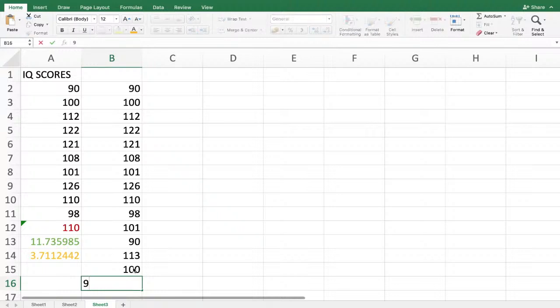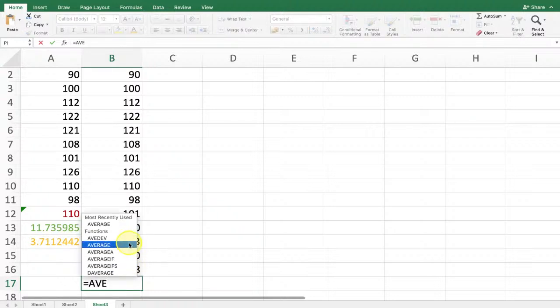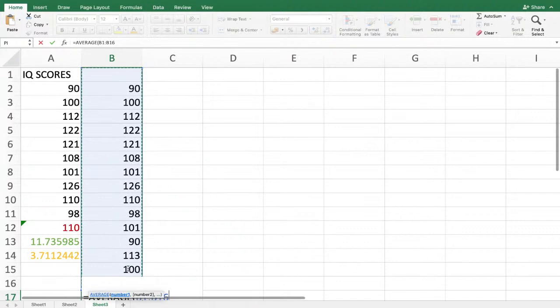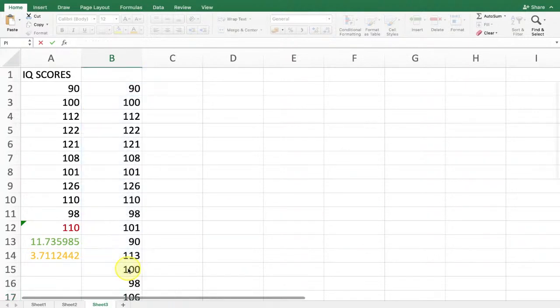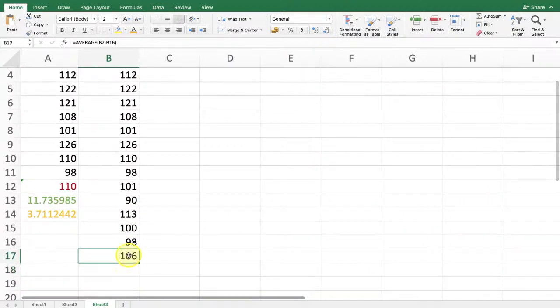And one more to make it 15 is, let's say, 98. So let's compute again the mean, the average of these values, from B1 to B15. Okay, so the average is 106.